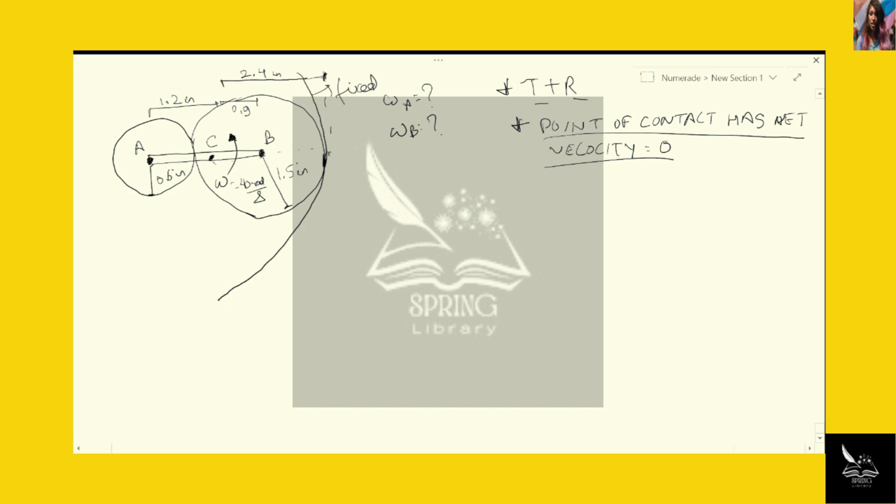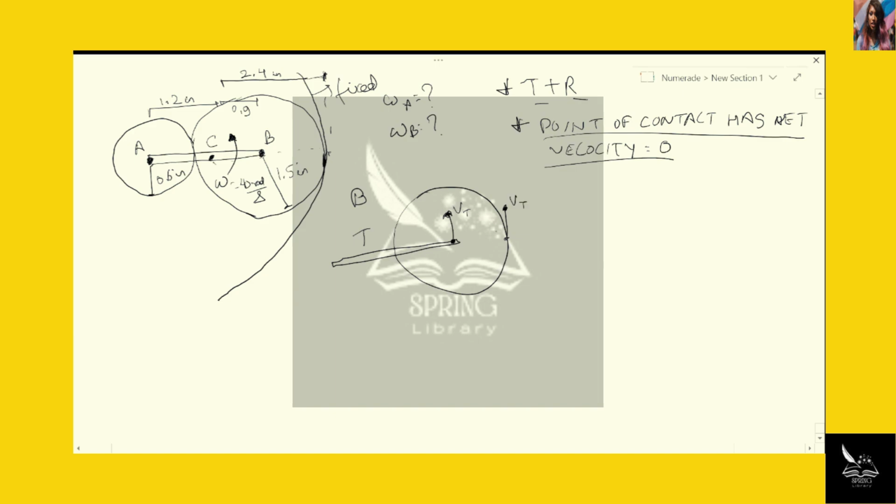So what is the translational velocity? Let's look at disk B first. So for disk B, what is the translational velocity? That translational velocity is going to come from the arm ACB. So this is moving counterclockwise, so the center is going to move up with some velocity Vt. And for a rigid body, this is going to be the same at all points.